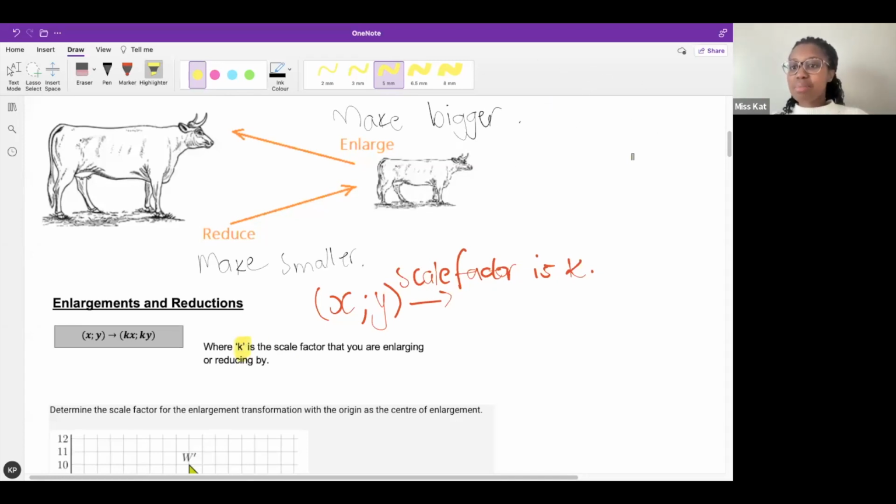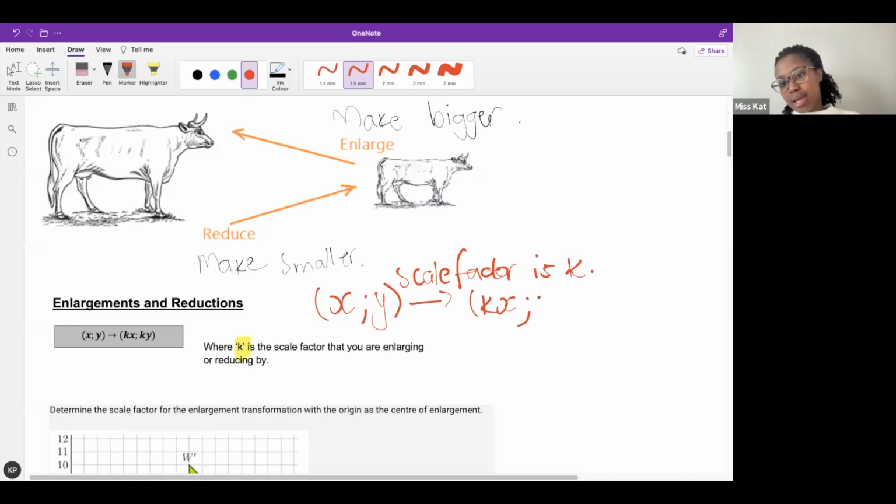They only used K as a placeholder. It's just a variable that represents a possible number. So if your scale factor is K, you multiply both coordinates by your scale factor. So that's where the KX and KY comes from.